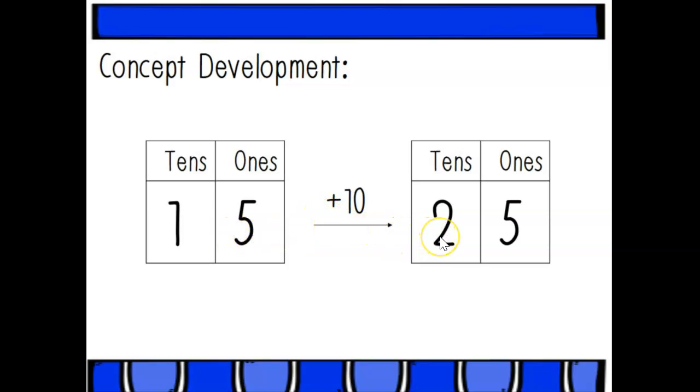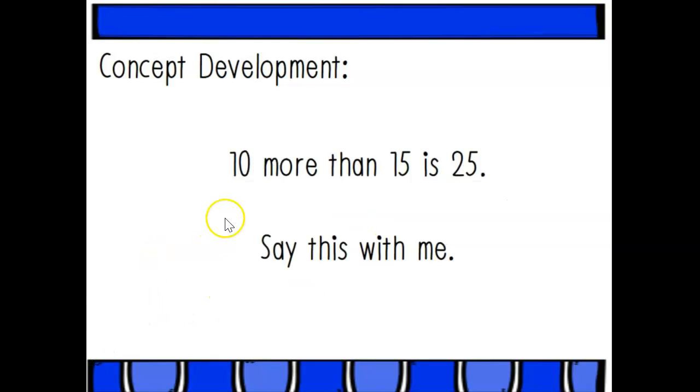So we're adding a 10, so this is going to change to 2 10s and 5 ones, or 15 plus 10 is 25. 10 more than 15 is 25. Say this with me. 10 more than 15 is 25.